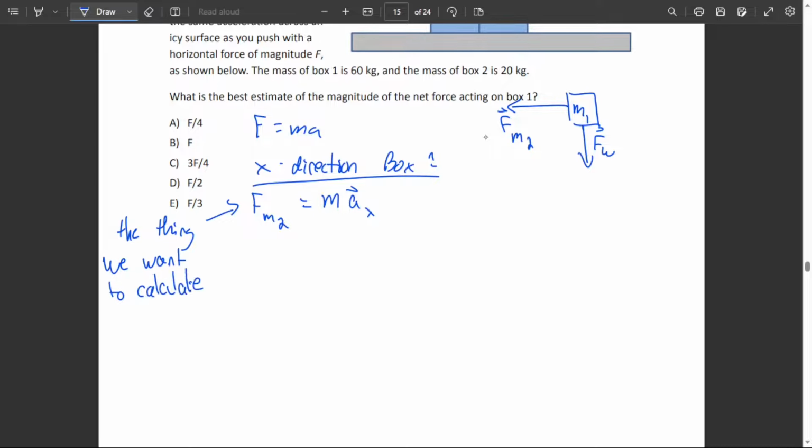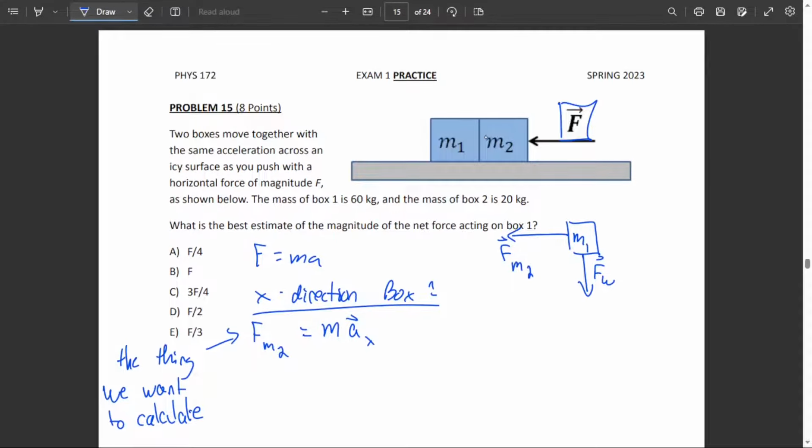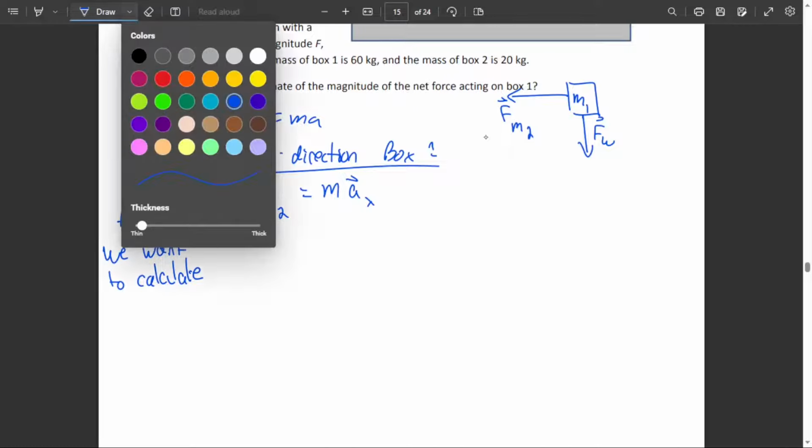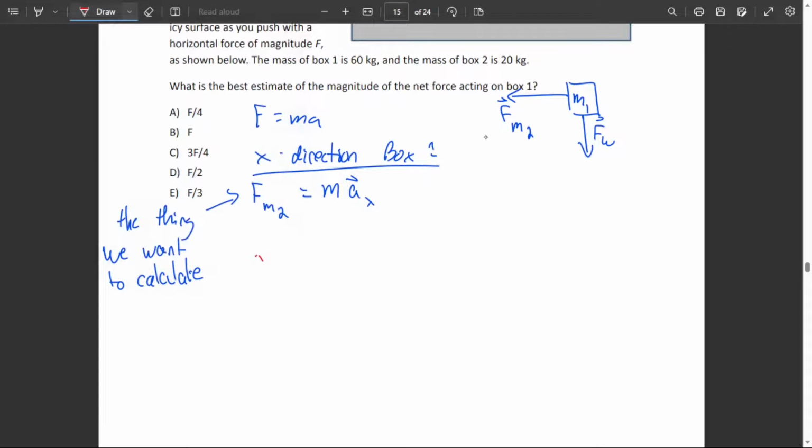So, in order to get in terms of F, this F right here, we next need to look at this system of boxes as a whole. So, let's do that. We're going to do this in the x direction again.